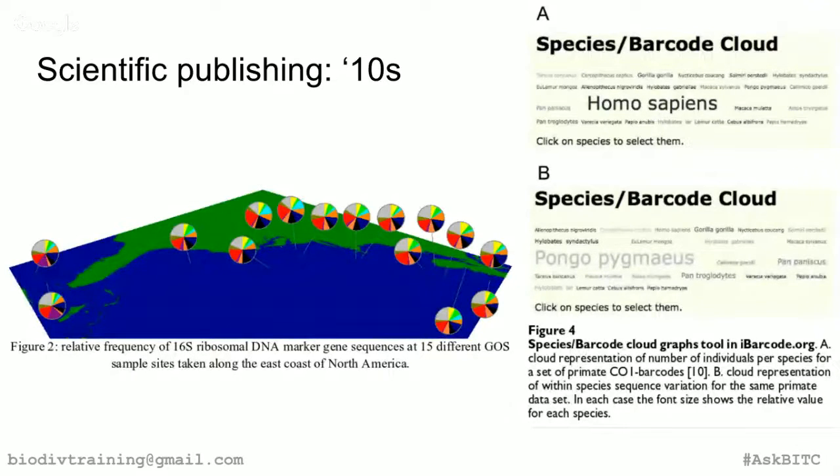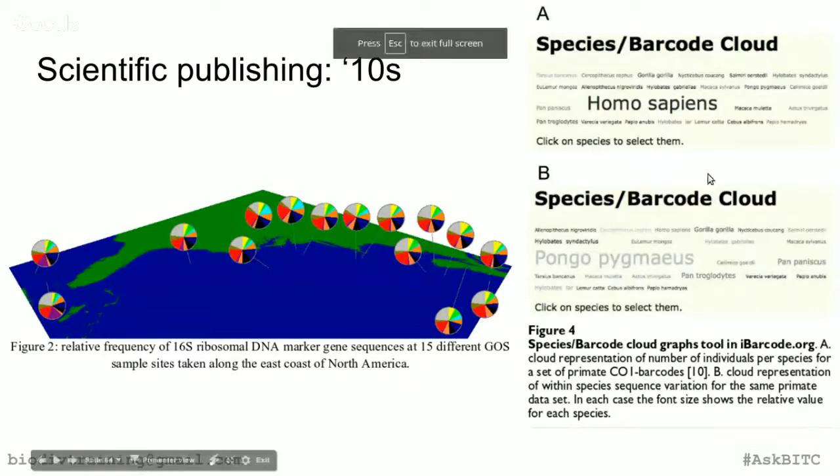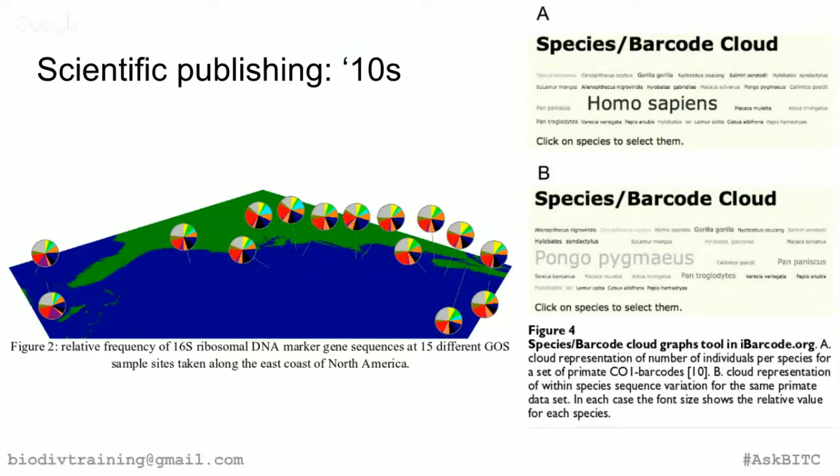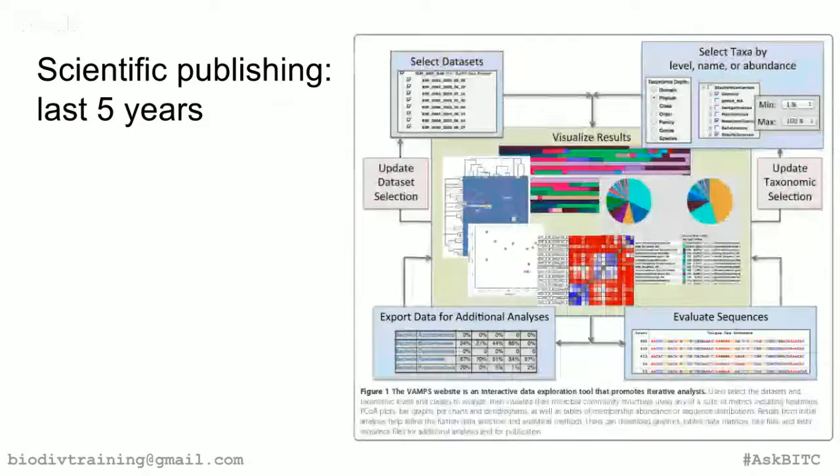Also, papers started publishing non-conventional figures, such as this word cloud here. In some cases, the importance of significance started to decrease in favor of unveiling patterns, general patterns and trends in the data. The last 5 years have witnessed a huge popularization of visualization in scientific papers.